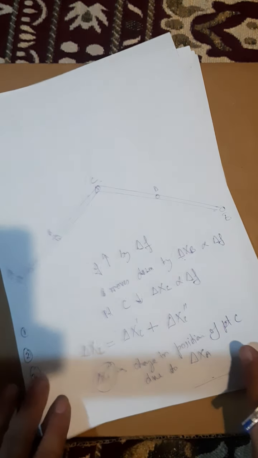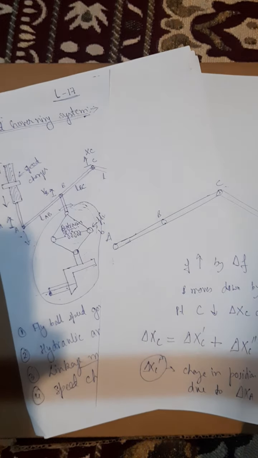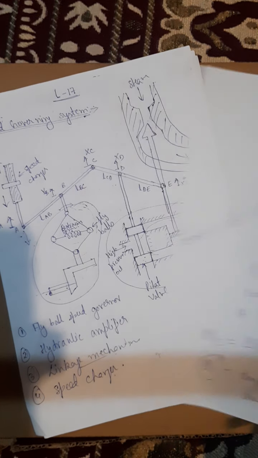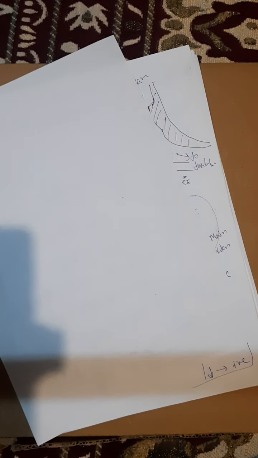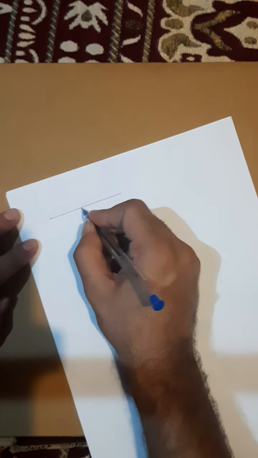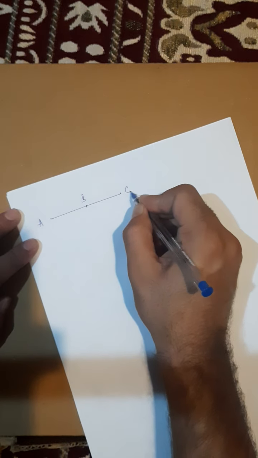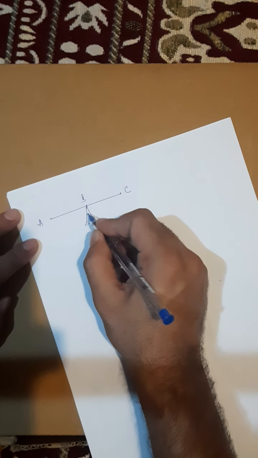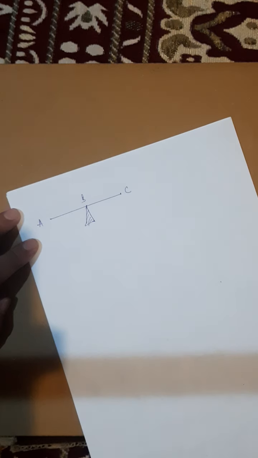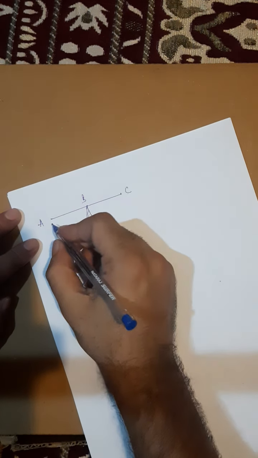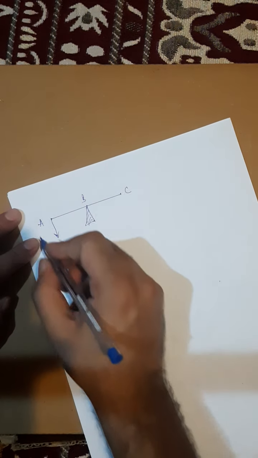How can I find it? I have drawn it here, but I will try again. This was my linkage mechanism. This was A, this was B, and this was C. Initially A was fixed, and to increase the power output by delta PC, I was moving this point downwards.